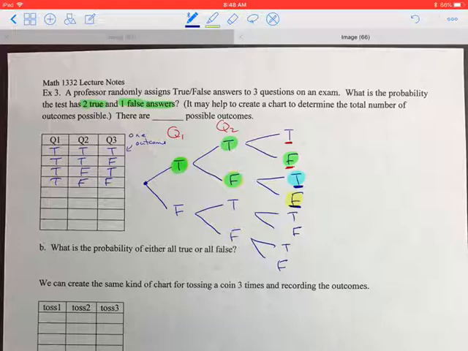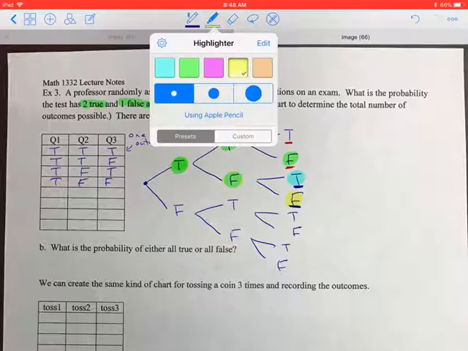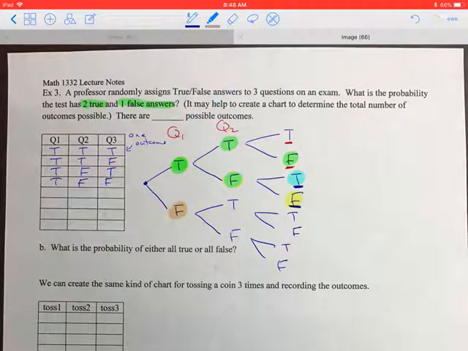Now I'm going to move on to the first question being false. I'm going to start with this one. If I want to end with this branch right here, I have to go false, true, true.